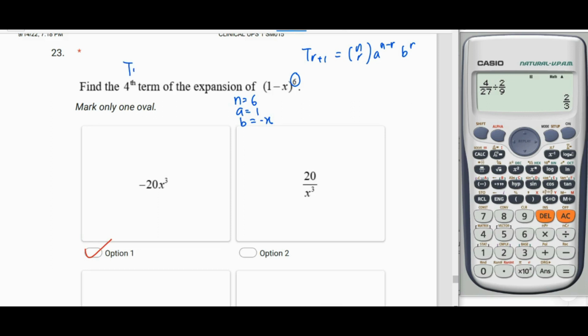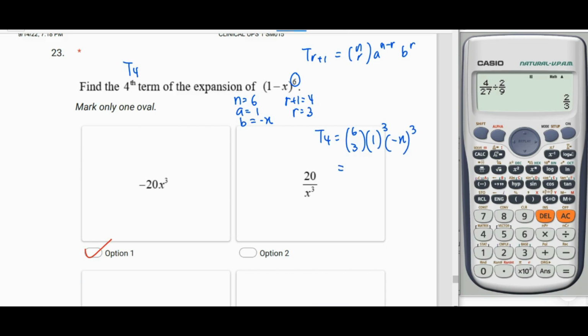We want the fourth term. Fourth term means r plus 1 is 4. So r will be equal to 3. Substitute everything, where n is 6, r is 3, a is 1, then 6 minus 3, then b is negative x, r is power of 3.